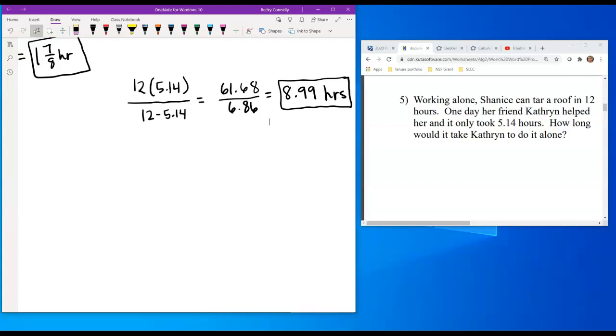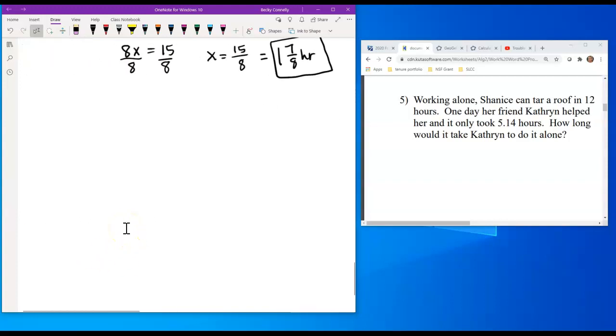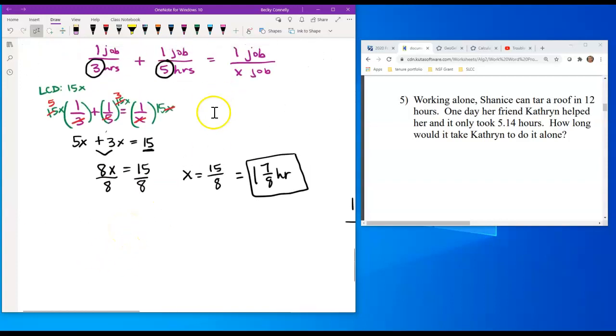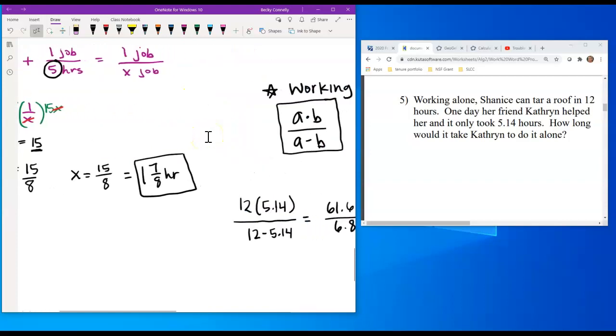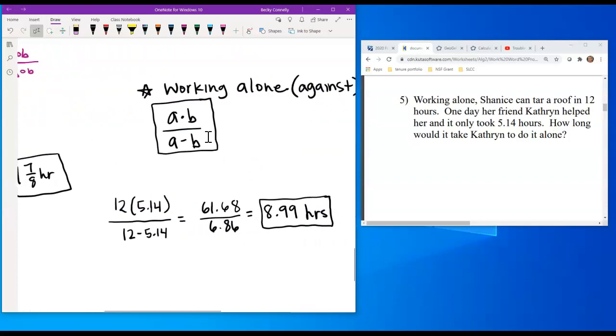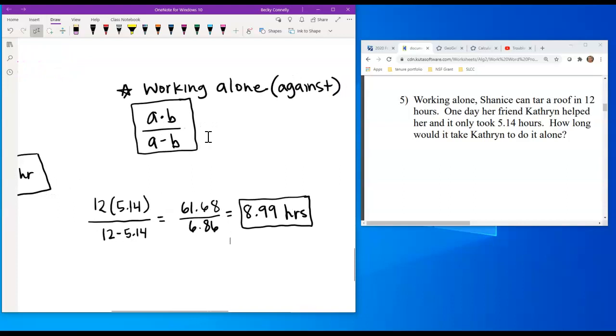Yeah. So it is a little bit different, and like you said, if you feel more comfortable doing it this other way because you've done it that way, that is totally fine. But I did want to show you this other way in case it makes sense to you. Of course, I don't want you to be using shortcuts if they don't make sense to you and why they're working.